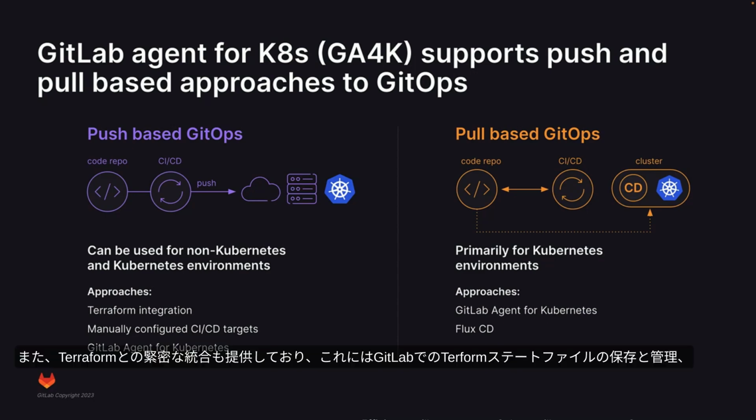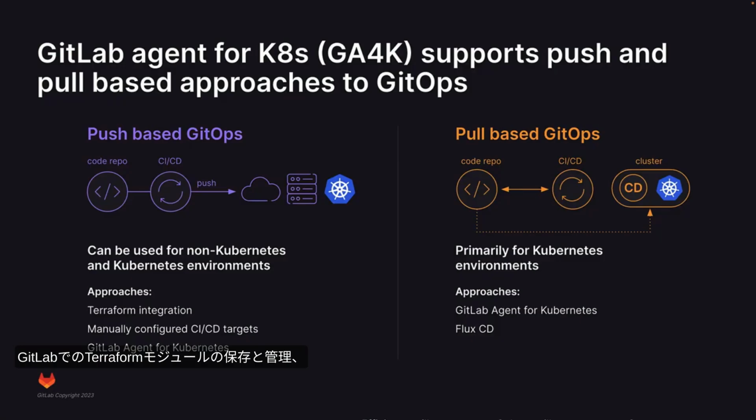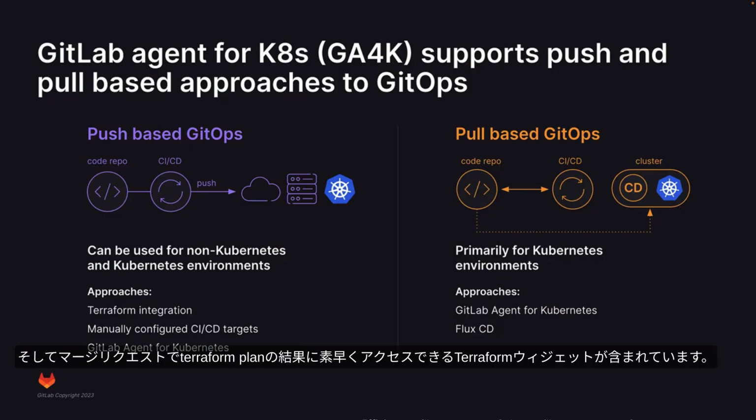And we have a tight integration with Terraform, which includes storing and managing your Terraform state file in GitLab, storing and managing your Terraform modules in GitLab, and a Terraform widget in merge requests that allows you to quickly access the results of running a Terraform plan in your pipelines.